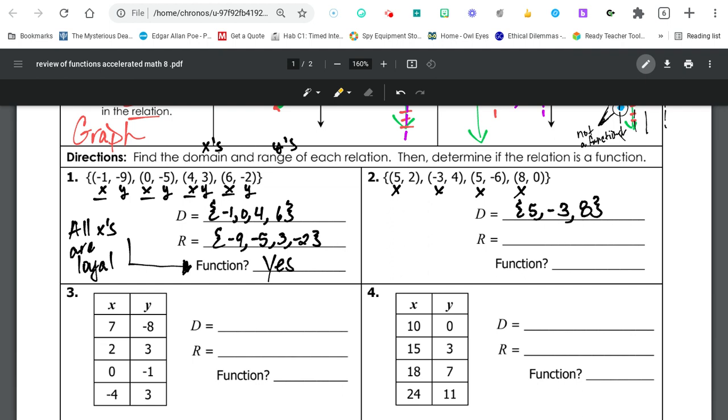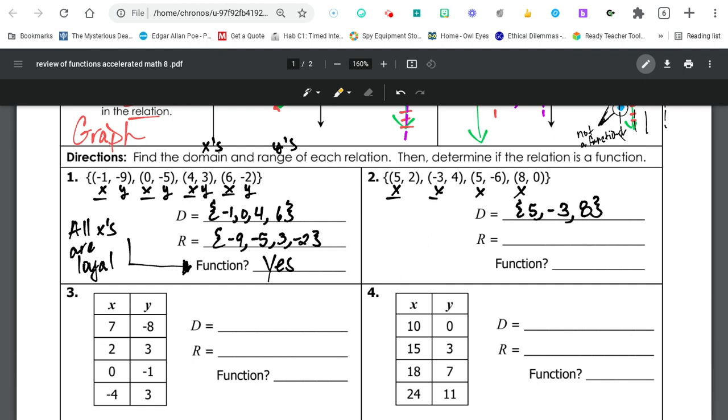Why would you state it again? I didn't ask you to list all the numbers, even if they repeat. The domain is just the x values. If I know 5 is an x value, I don't need to know 5 is an x value twice, if that makes sense.